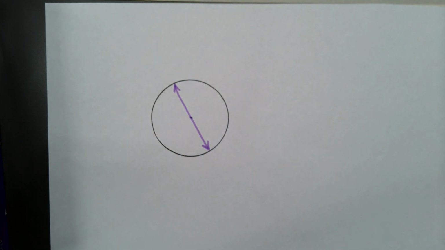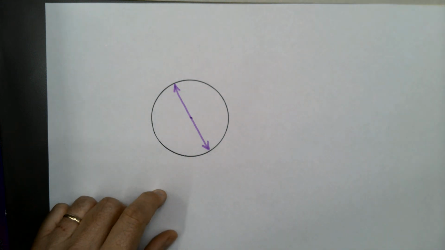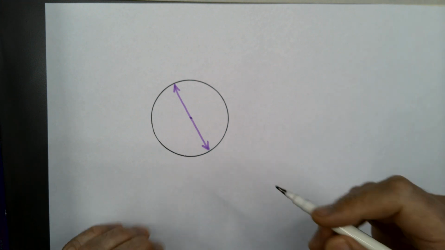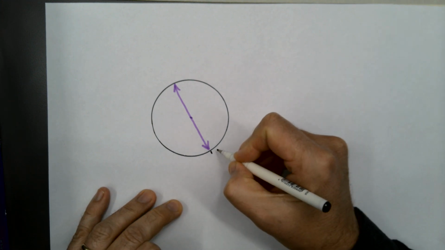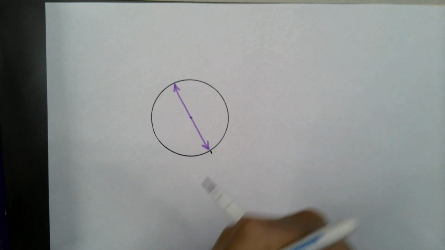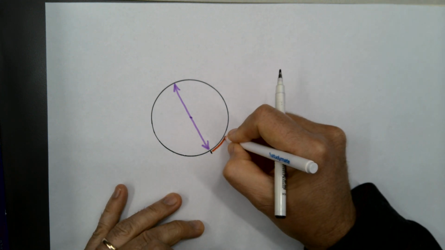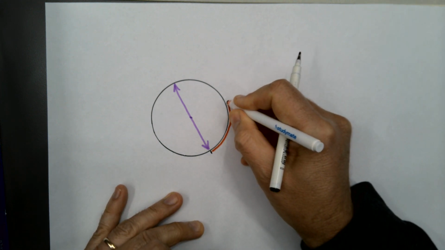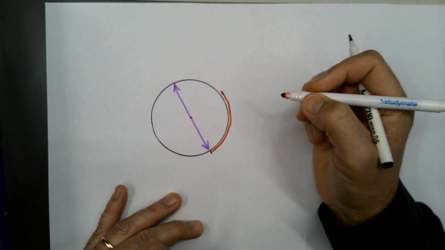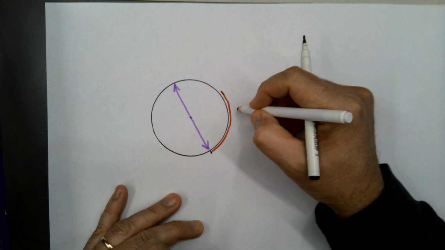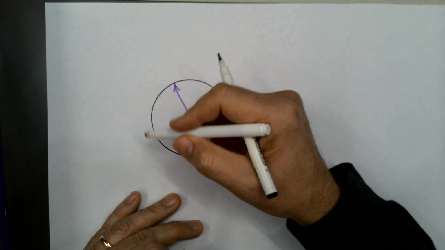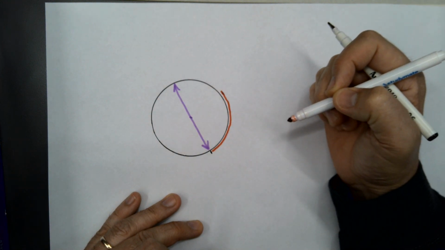Now, for every circle in the universe, let's say you get a piece of string exactly the length of the diameter, and you pin it there and start to wrap it around. You're wrapping the diameter around, and it will go 3 and a bit times around the whole circle.